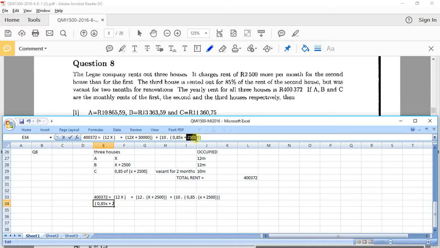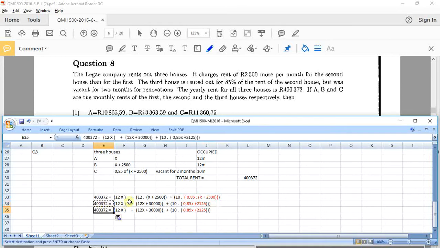And then 0.85 times 2,500 is 0.2125, so I basically multiplied that out to get that. 8 times that is 0.5x. Then I need to times that by 10.